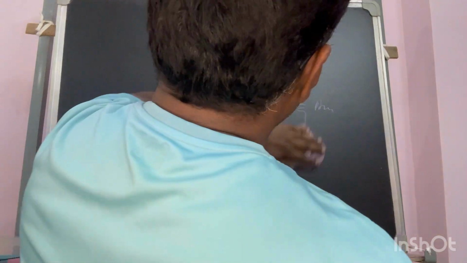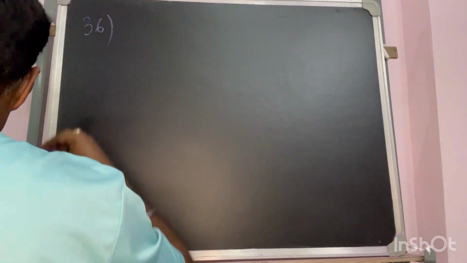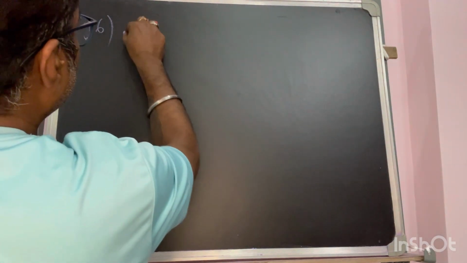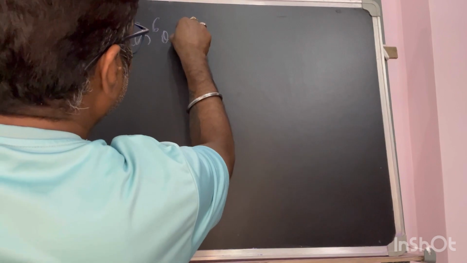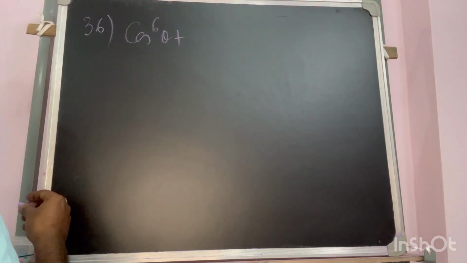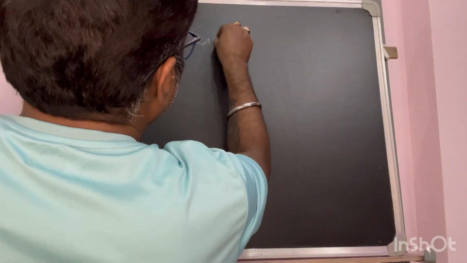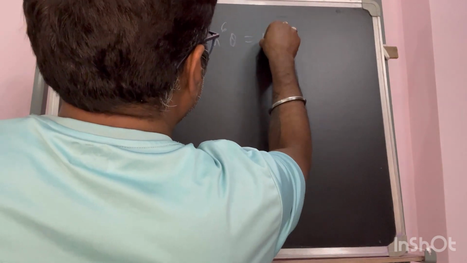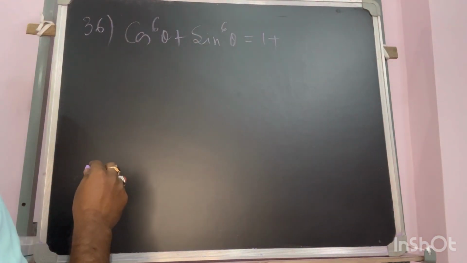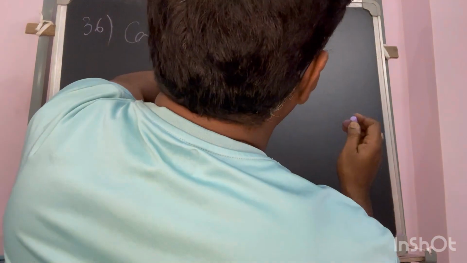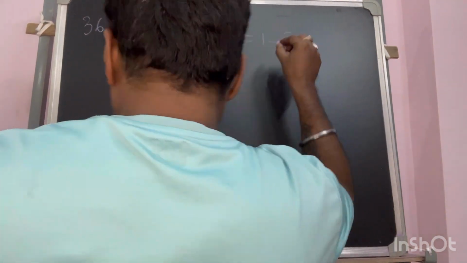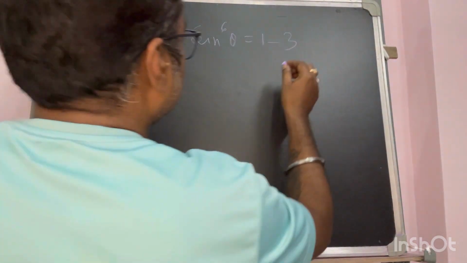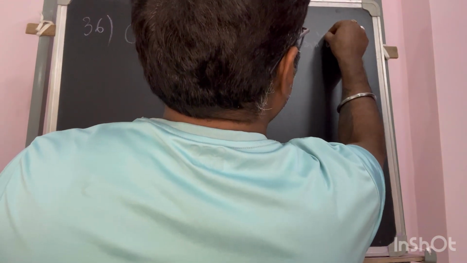Moving to 36. Cos to the power 6 theta plus sin to the power 6 theta, that you have to prove equals 1 minus 3 sin square theta cos square theta.